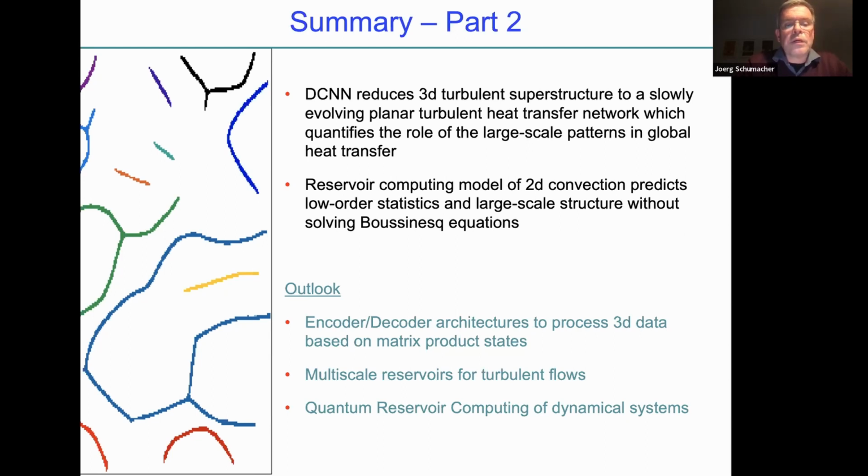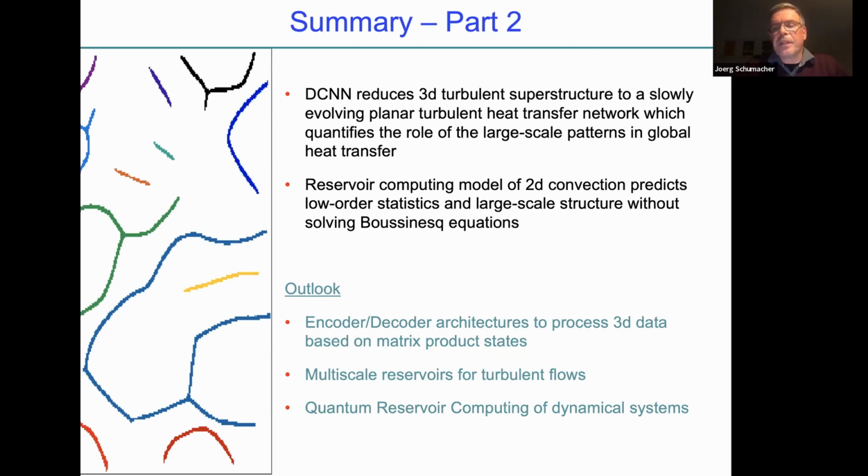So you have to develop new encoder-decoder architectures, which basically reduce the data such that the recurrent neural network is able to process them in a so-called latent space, and then they can be rescaled to the original resolution. One way which we follow is based on so-called matrix product states, which we try to apply for these encoder-decoder architectures. These reservoir computing models, by definition, cannot distinguish multi-scale phenomena.